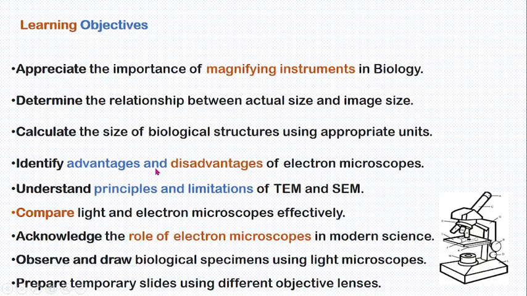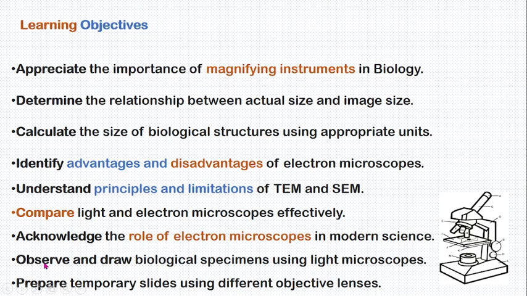Identify the advantages and disadvantages of electron microscopes, and understand the principles and limitations of the transmission electron microscope and the scanning electron microscope. Compare light and electron microscopes effectively, and acquire knowledge of the role of the electron microscope in modern science.